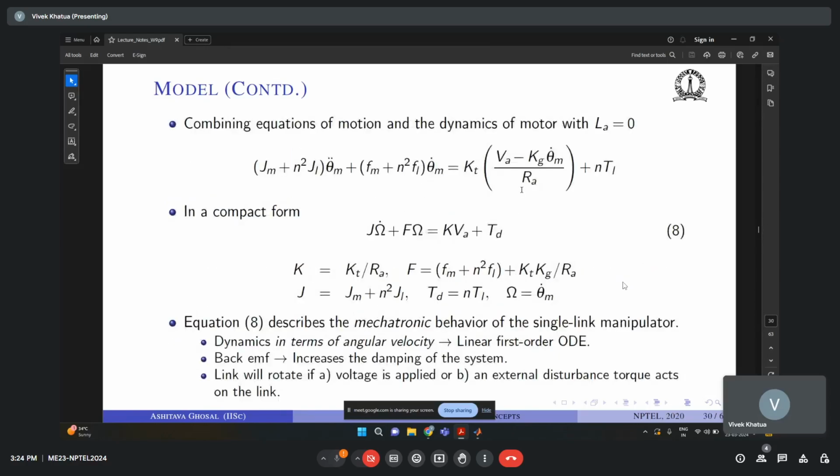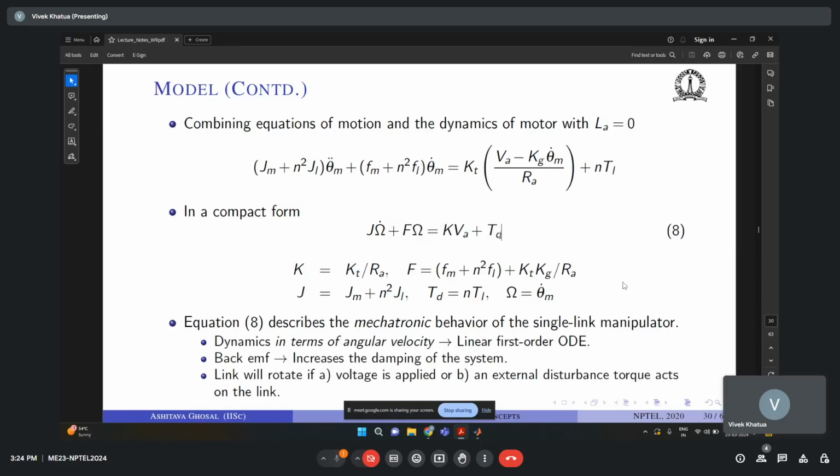So we plug that here, right? Where is this? This is the torque of the motor, right? We plug it here and we get our equation of the dynamics of the motor, or equation of the motion of the motor in a compact form.